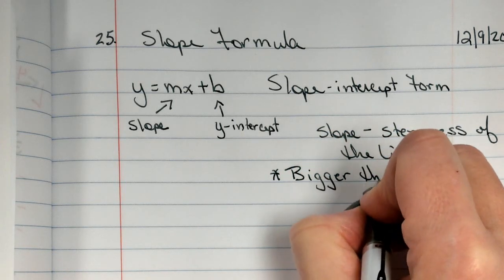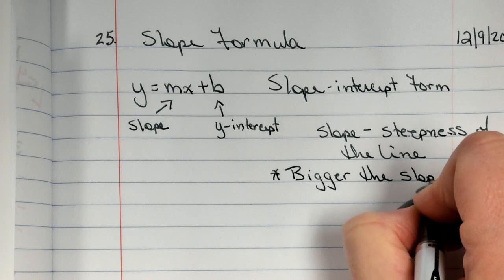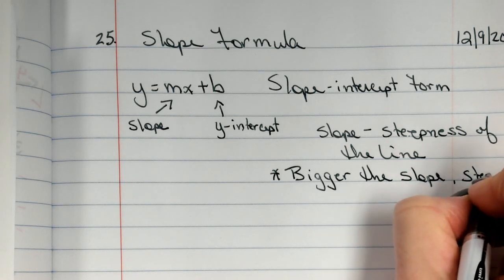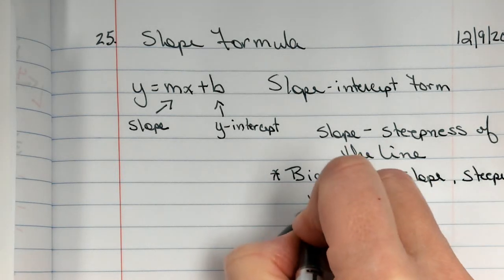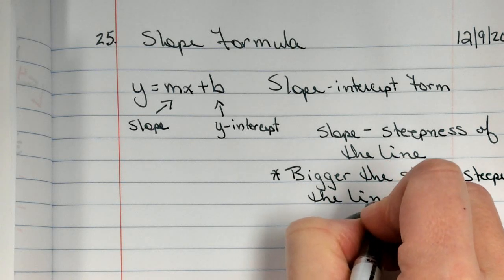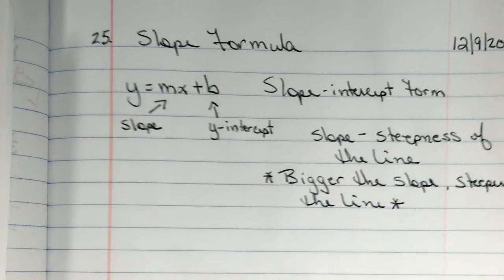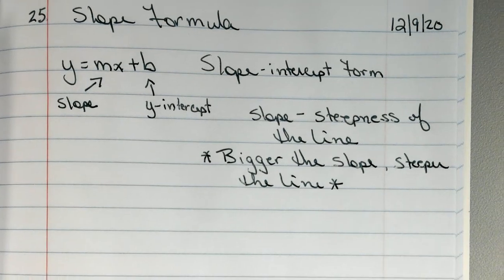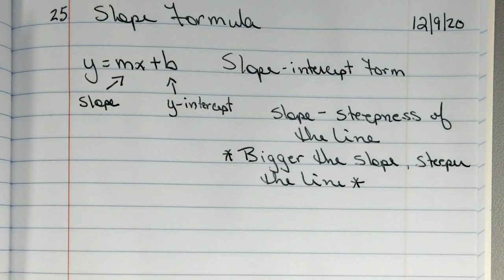So bigger the slope, steeper the line. And when I say bigger the slope, you're comparing the absolute value of slope.